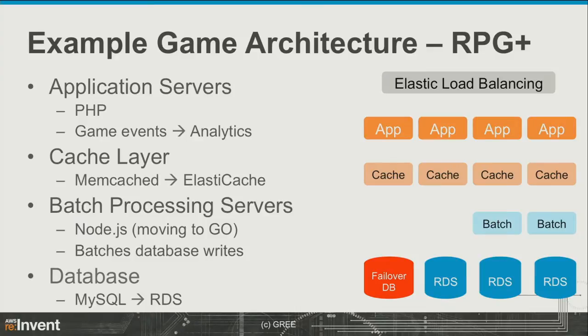All those game events I mentioned, those app servers not only have the actual application itself, but also send analytics data to our analytics subsystems. Below that, we have our ElastiCache. And this is where, in our games, we make very heavy use of ElastiCache. I'll talk more about that in a minute.